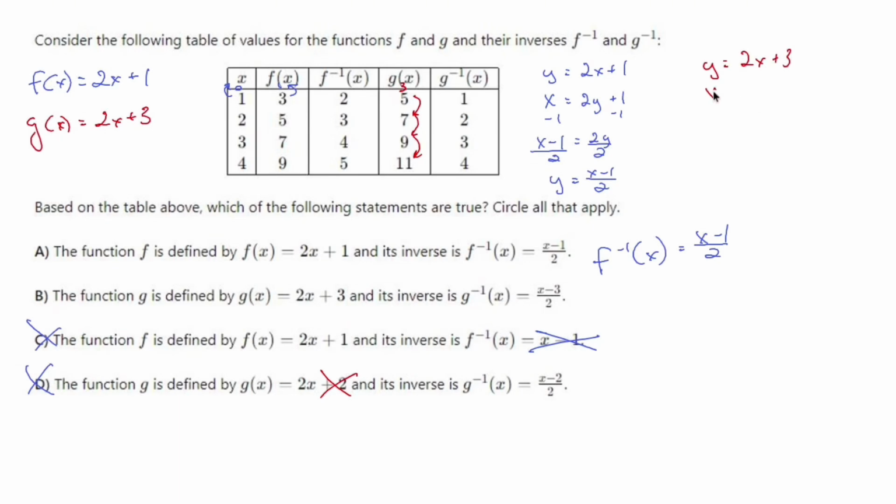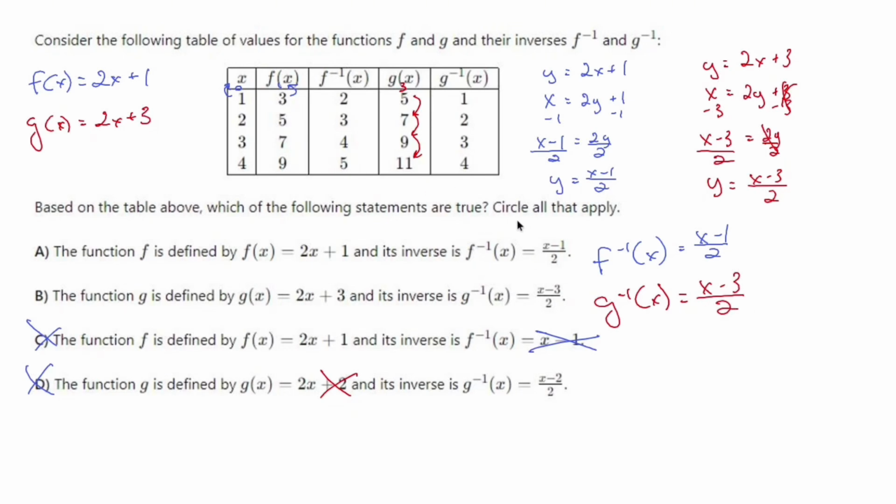Swap the x and the y, so x equals 2y plus 3, minus 3, gives you x minus 3 equals 2y. Divide everything by 2. And now y equals x minus 3 all over 2. So that was g of x. So now we can say that the inverse of g of x is going to be x minus 3 all over 2.